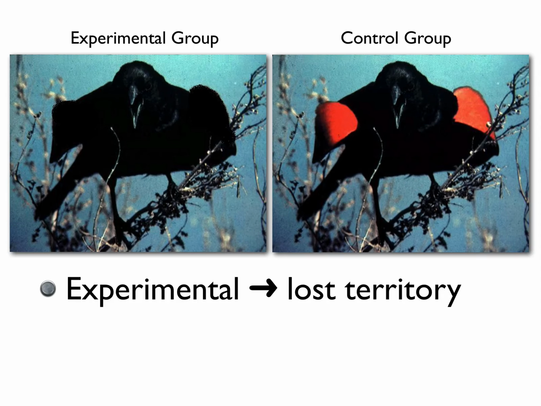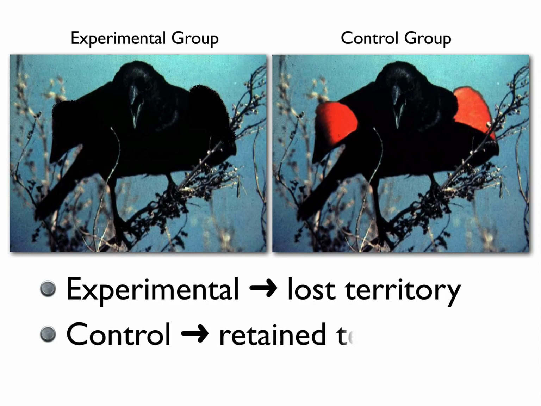Well, sure enough, the experimental animals lost their territories. It's not that they didn't try to keep them. They were vocalizing, and they were raising their now black epaulets, and the intruders just totally ignored them and took over their territories, whereas the control animals were able to maintain their territories once they had established them. So for a red-winged blackbird, red is important in terms of territoriality.